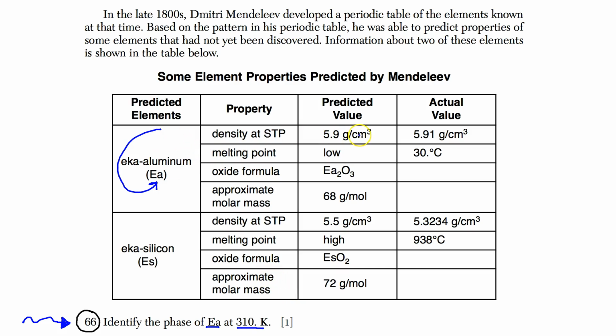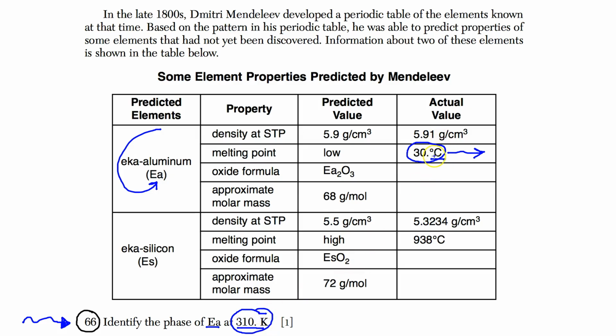So we look at EA, and what information do I have? It's got a low melting point, and its melting point is 30 degrees Celsius. If I look at densities, melting, molar mass, all I have is the melting point at 30 degrees Celsius. And they said, what's the phase at 310 Kelvin? Well, we don't want to compare two different temperatures in two different units.